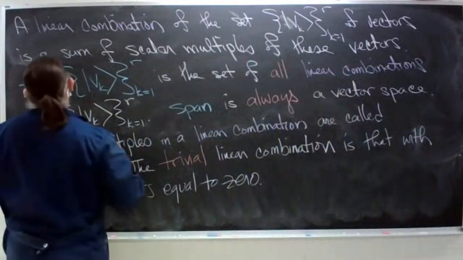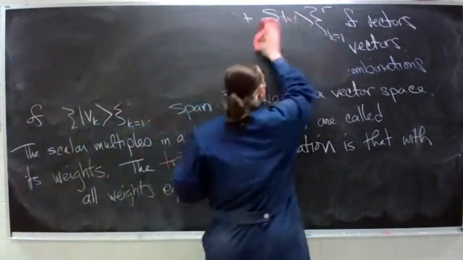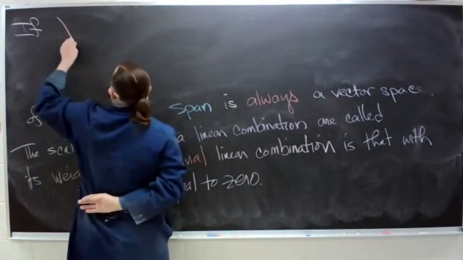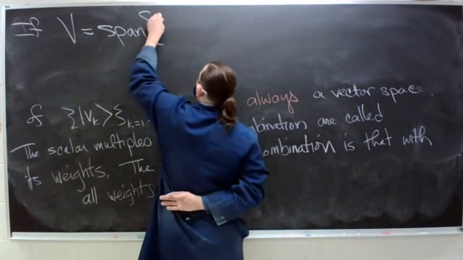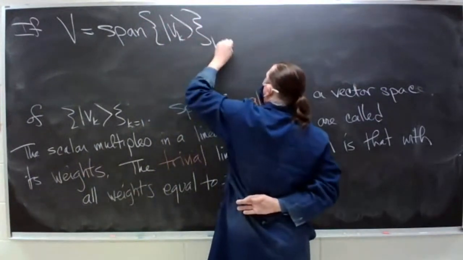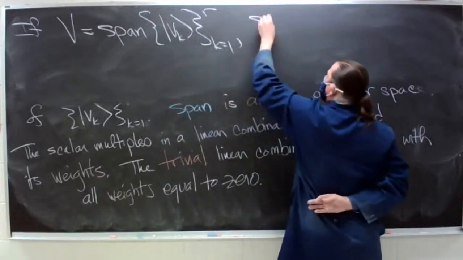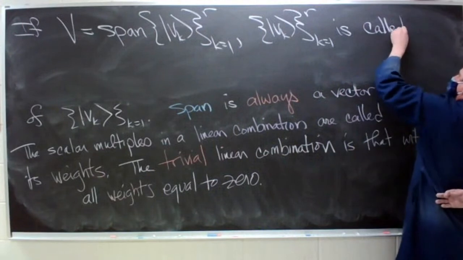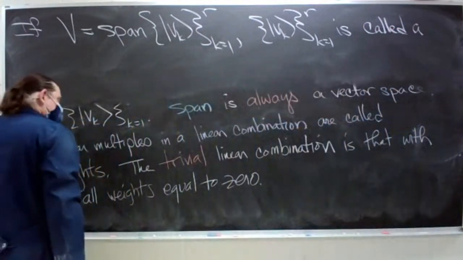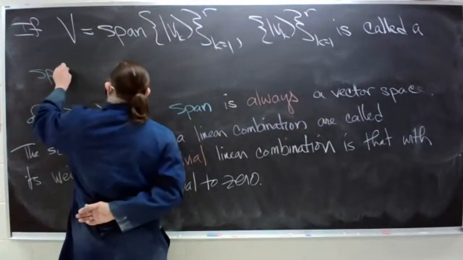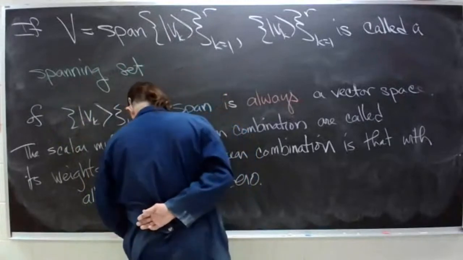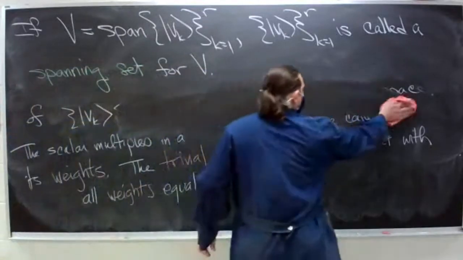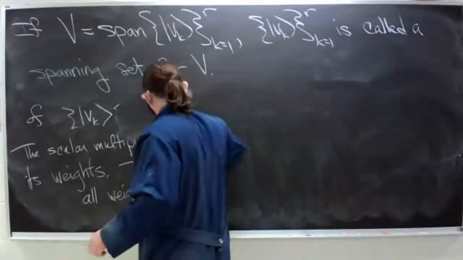So we say, if a vector space V is equal to the span of a set of vectors, this set of vectors is called a spanning set for V. Okay? Spanning set for V.